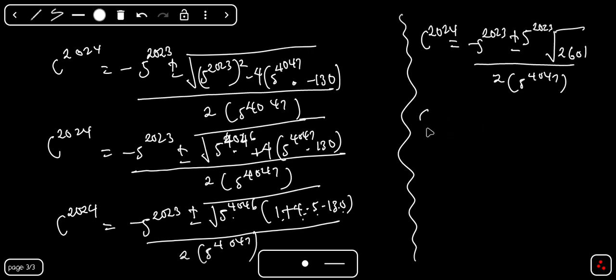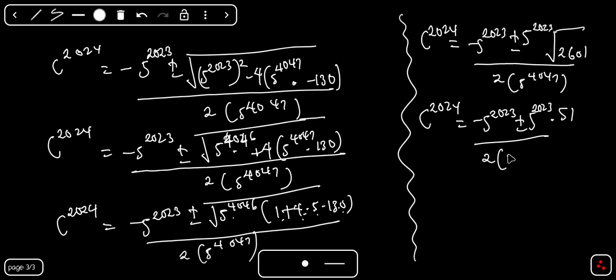So we have c raised to the power of 2024 is equal to minus 5 raised to the power of 2023, plus or minus 5 raised to the power of 2023 multiplied by 51, then everything over 2 multiplied by 5 raised to the power of 4047. So we factor out 5 raised to the power of 2023 here.